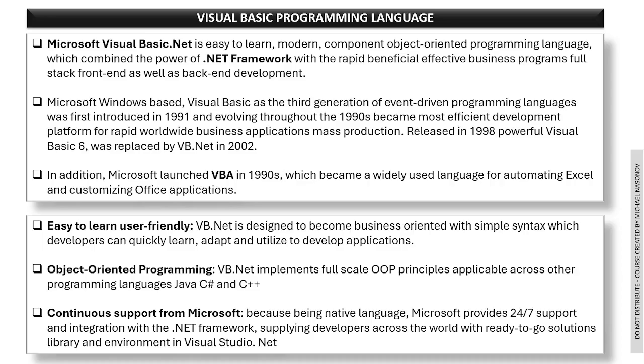Visual Basic features: easy to learn and user-friendly. VB.NET is designed to be business-oriented with simple syntax, which developers can quickly learn, adapt, and utilize to develop applications. Object-oriented programming: VB.NET implements full-scale OOP principles applicable across other programming languages like Java, C#, and C++.